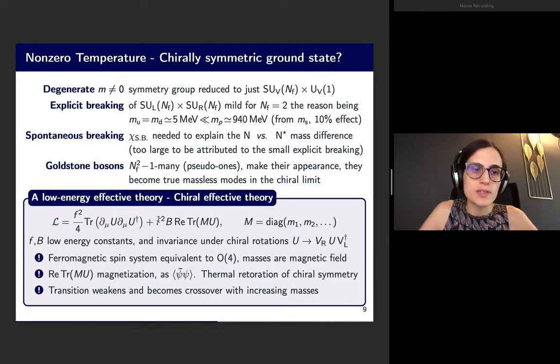We can also construct a low energy effective theory, called a chiral effective theory, from which we can learn about the behavior of the system with respect to chiral symmetry.